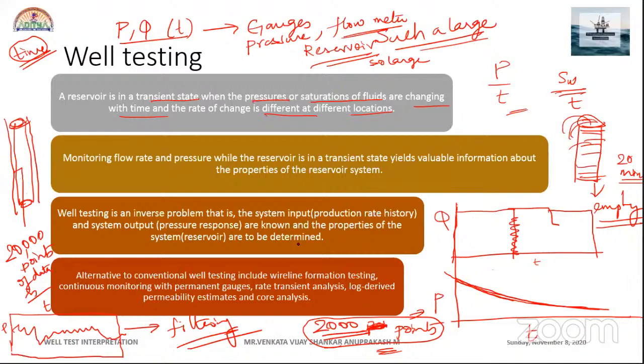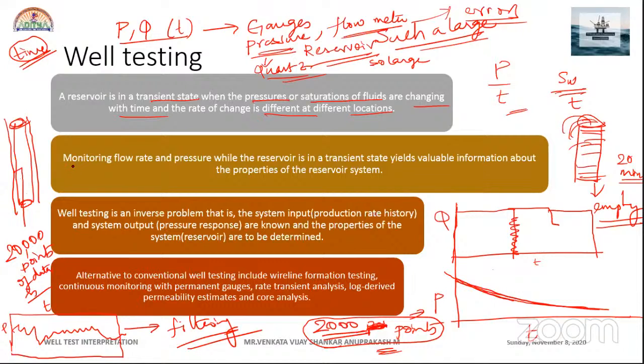In these gauges, the pressure gauge accuracy is okay because crystal quartz gauges are used, whereas for flow, some errors are always there when you are measuring the flow rate. Since we are in well test, we are concerned with the pressures because we are getting certain parameters indirectly.